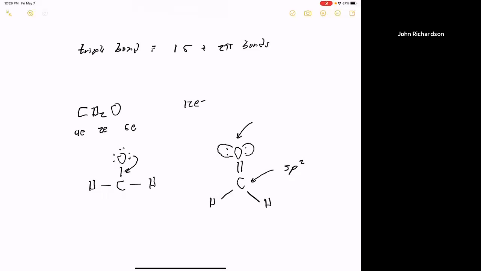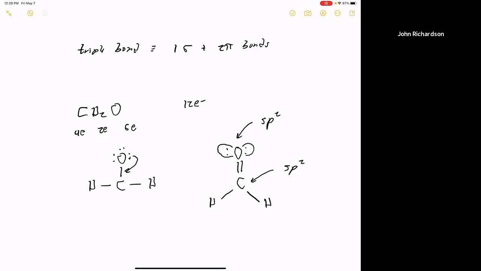When I do have electron pairs on the outer atom, can I assign those to hybrids? Yes, I can, even though I'm not actually bonding anything. I'm going to assign them hybrids, act like they're bonds. So how many bonds am I making out from the oxygen if I count the electron pairs as bonds? It's still 3. So I know that the oxygen is also going to be sp2 hybridized.